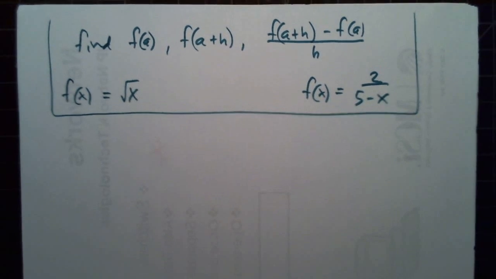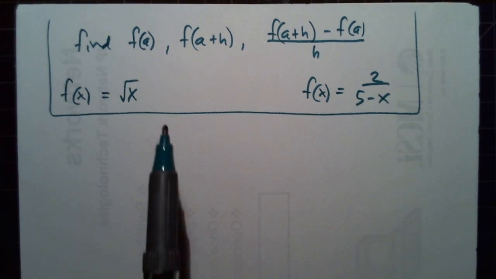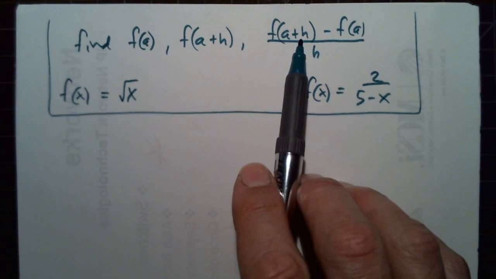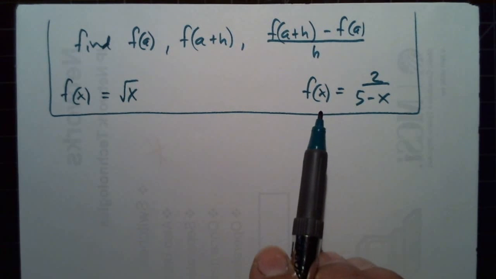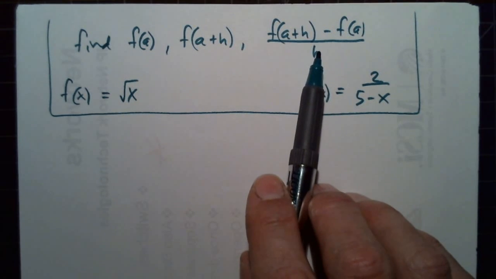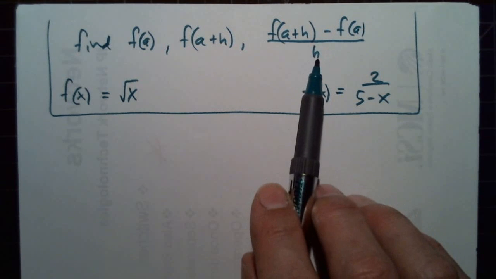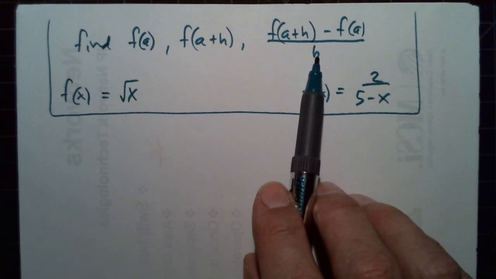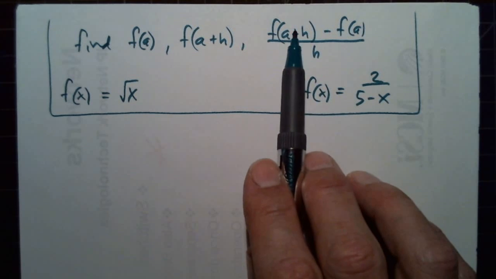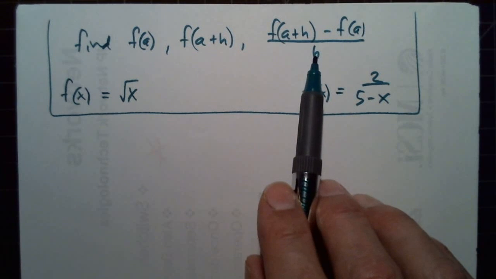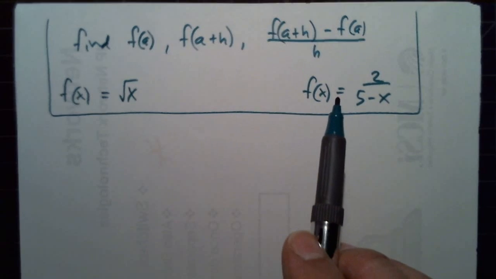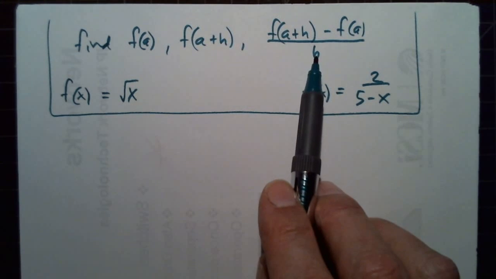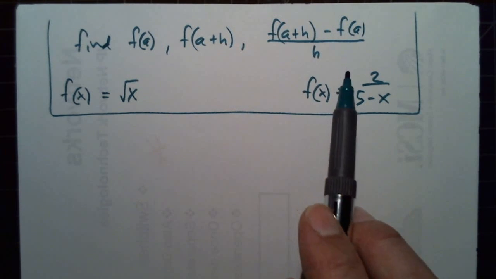All right. So we're going to find each of these values for each of these functions. This is the difference quotient. It's something used in, well, this form is used in calculus, but this really ends up just being the slope formula, y minus y over x minus x. So it's used throughout. Every time you use slope, you're really using this.